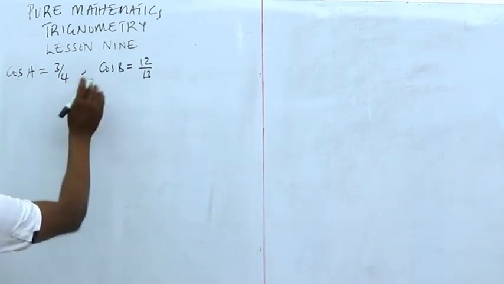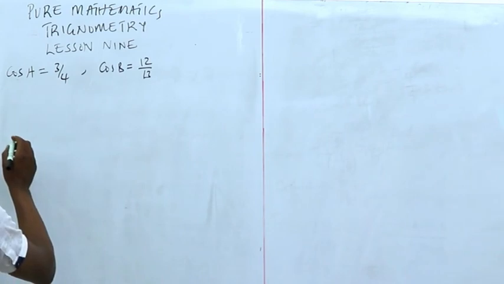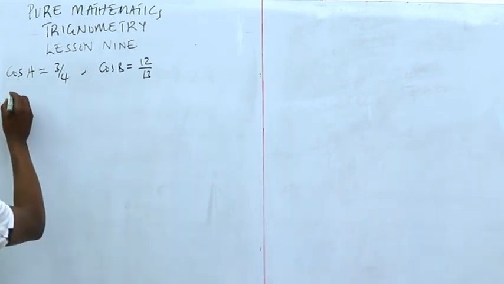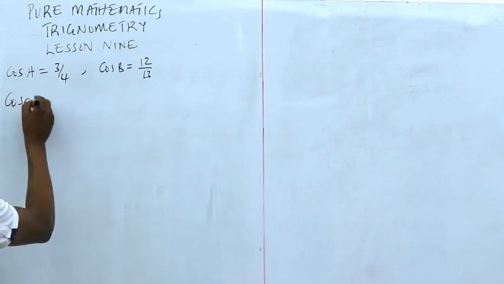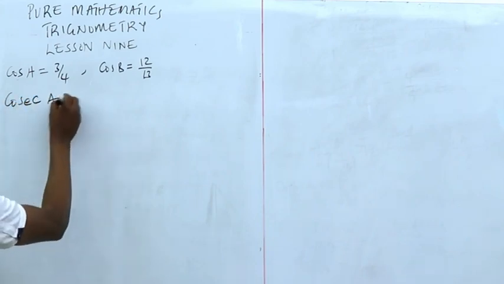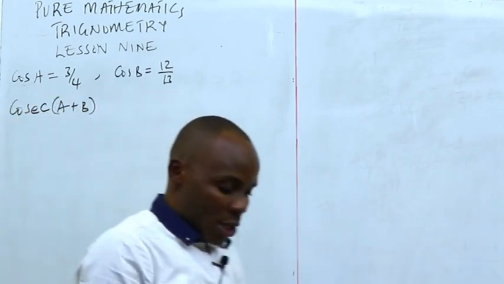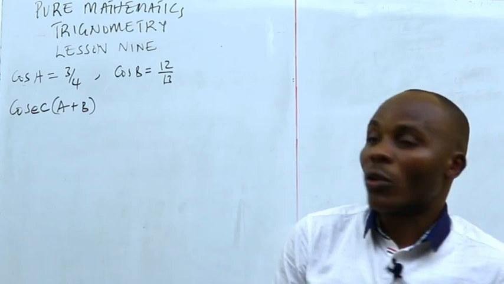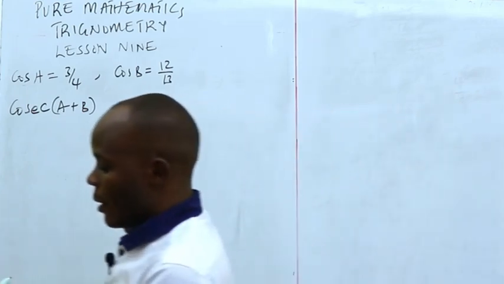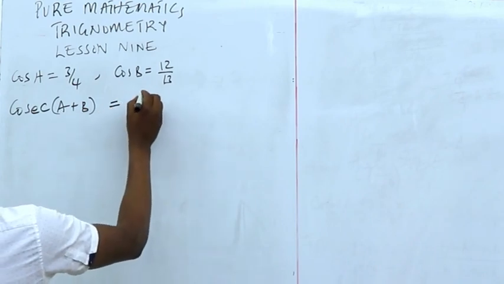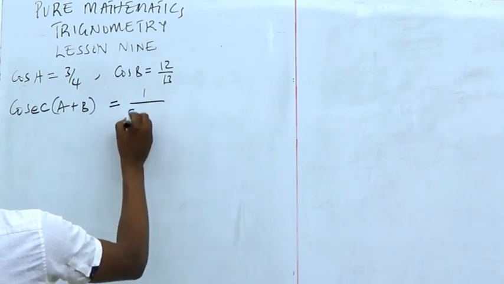So, when given cos of A and cos of B, where A and B are acute angles, and you're told to find the value of cosec of A plus B, one particular thing I want to remind you of is cosec is 1 over sine.